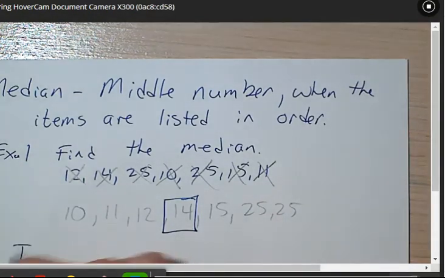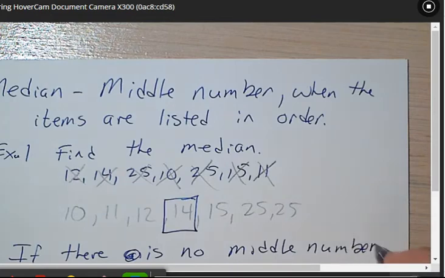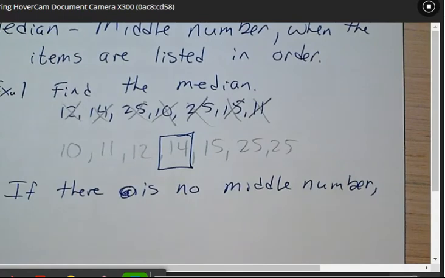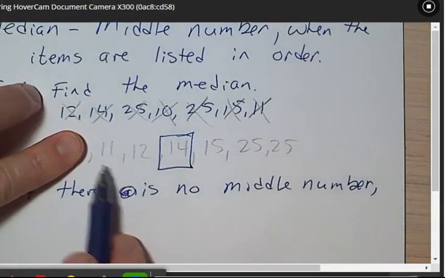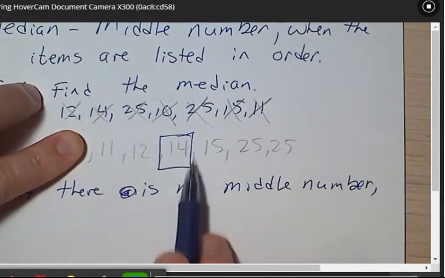So the second option is if there is no middle number. If this 10 was gone, we'd have 3 to the left and 3 to the right. Basically, the median would be somewhere in between the 14 and the 15.